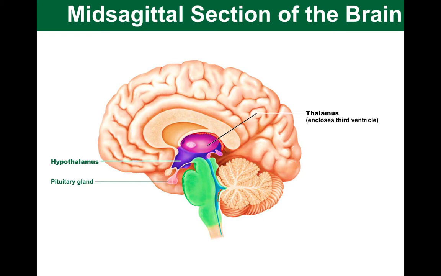Well, I want to say a few more things about the hypothalamus. It is an important regulatory center for homeostasis and controls functions from the autonomic nervous system, for example, blood pressure, heart rate, digestive tract, and pupil size.